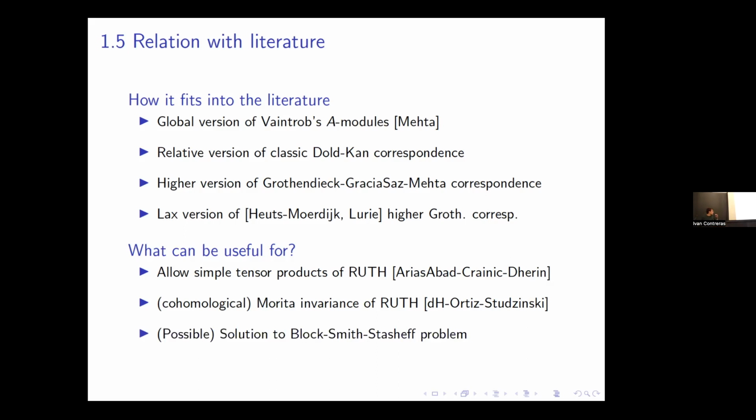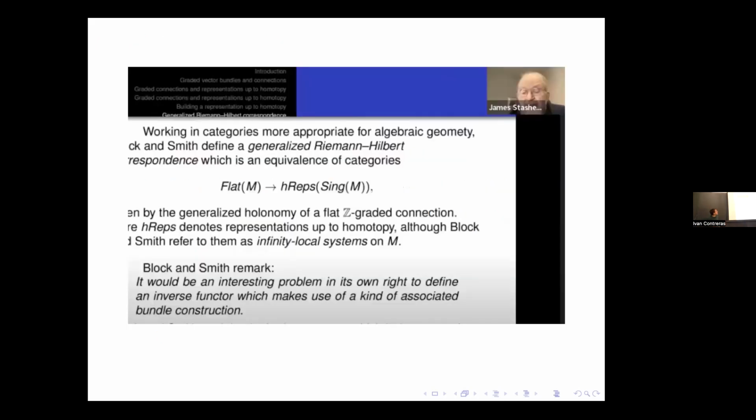And it also gives a possible solution to a problem that Jim Stasheff shared with us in the Global Poisson seminar. He was telling us that it would be an interesting problem in its own right to define an inverse functor which makes use of a kind of associated bundle construction.